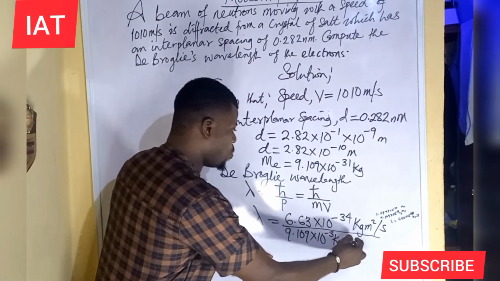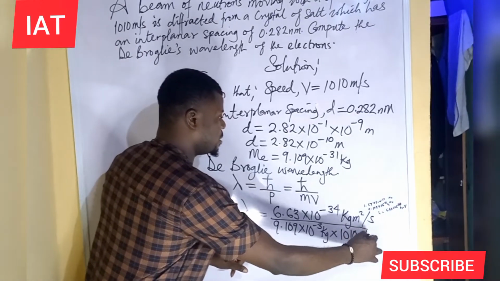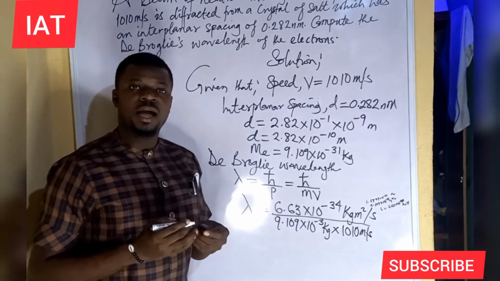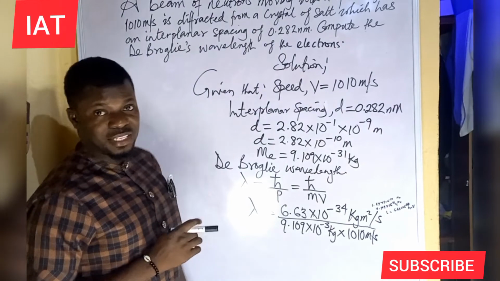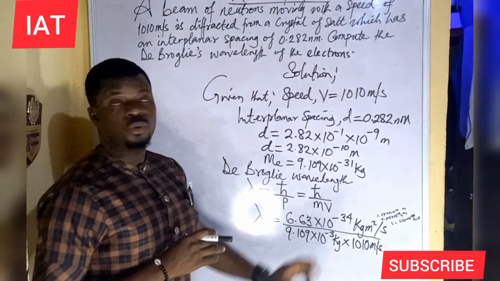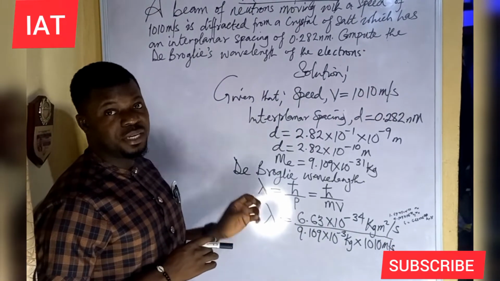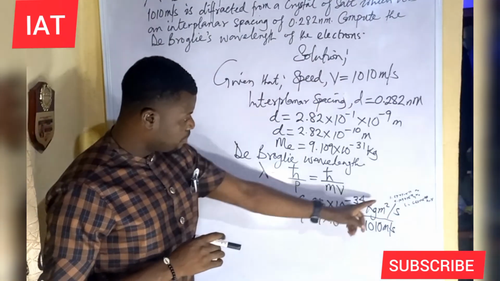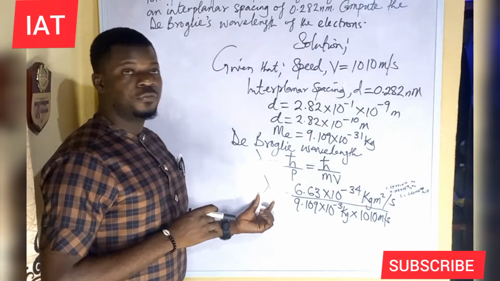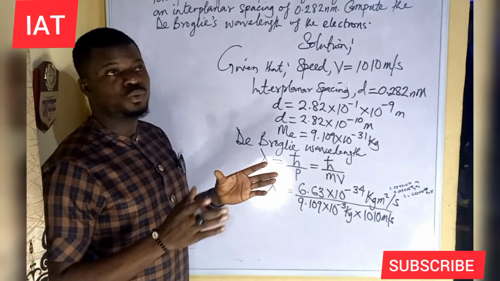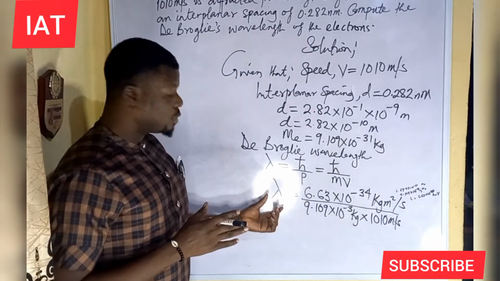So we have 1010 meters per second. Now, the reason I am putting the unit associated with it is not that it's very necessary, but I want to show you how we can place the unit of this lambda to be in meters, because some of these parameters will cancel out, and then we have the unit of the wavelength, which is the distance between two successive crests or troughs when you're talking about waves.